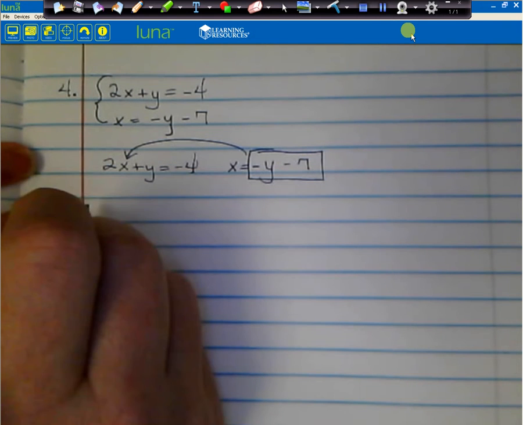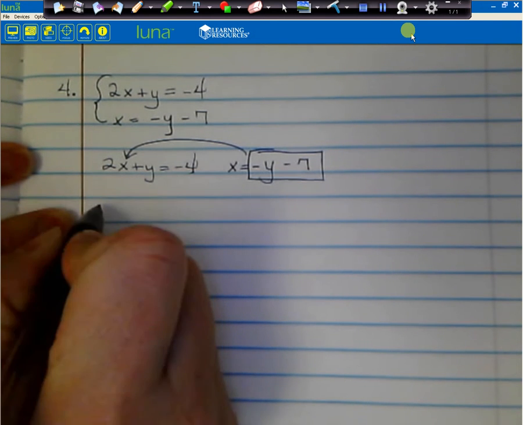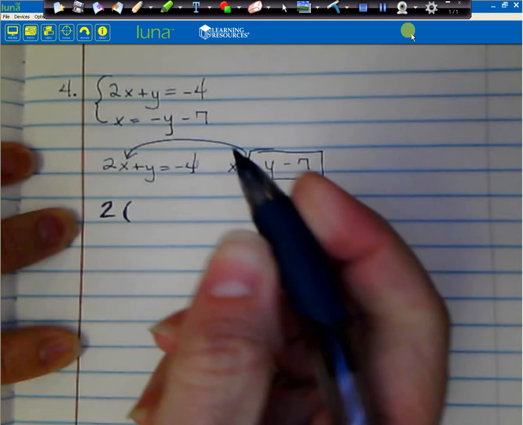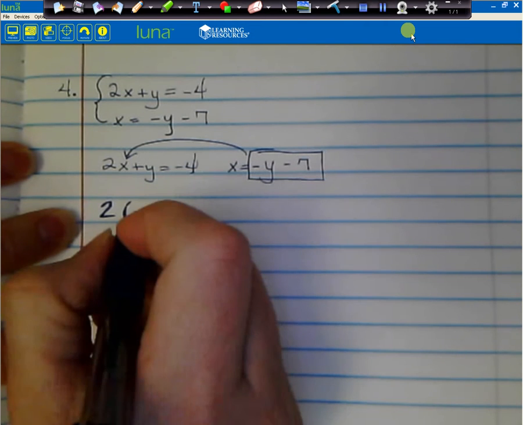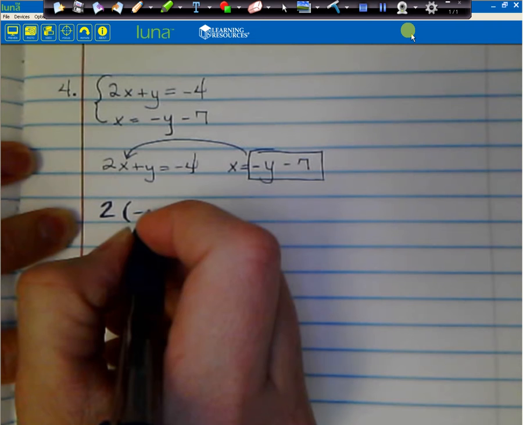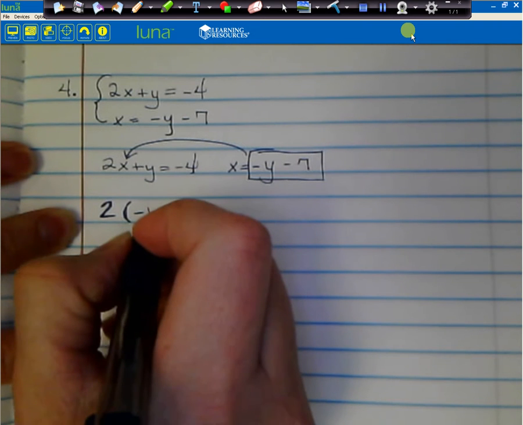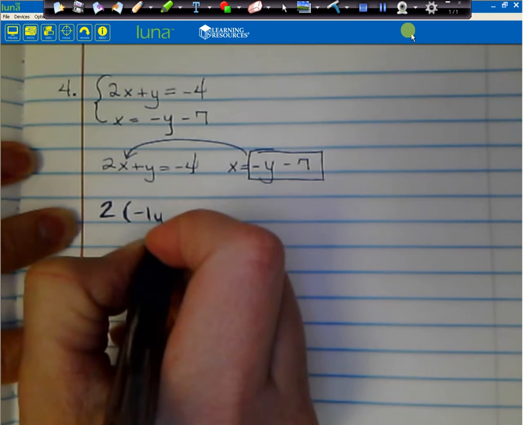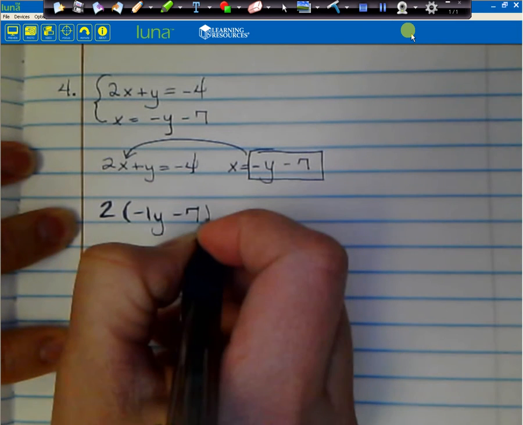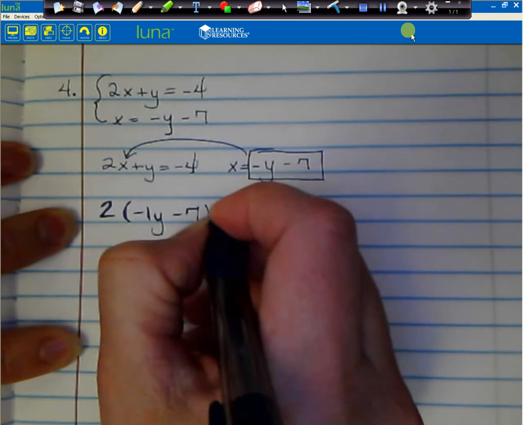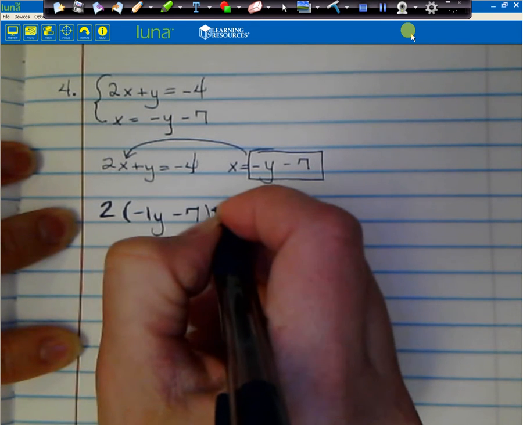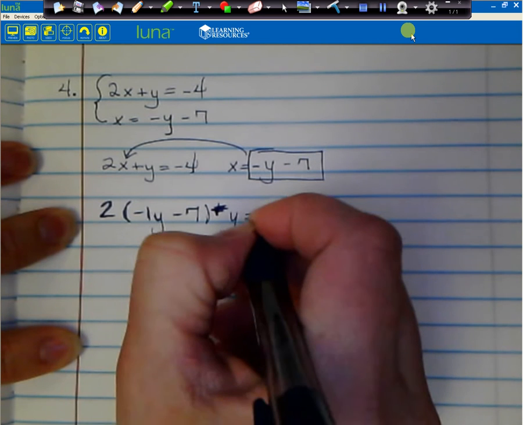So when we write this out, we have 2, and then instead of x, we're going to plug in all of that information. So open parentheses, negative, I'm going to go ahead and put a 1 here, negative 1y, minus 7, close parentheses, plus y equals negative 4.